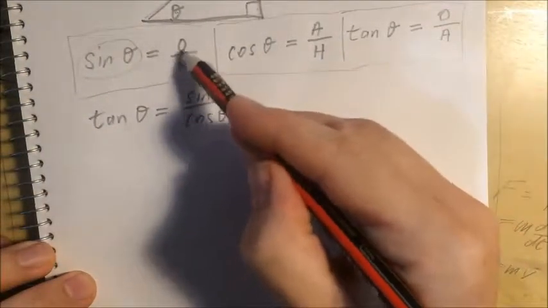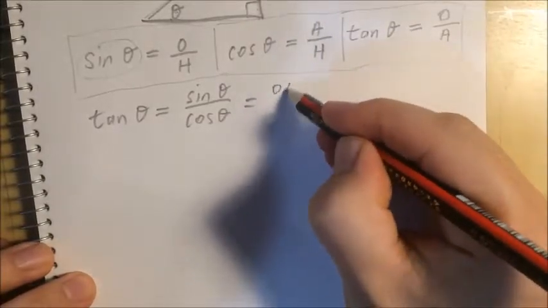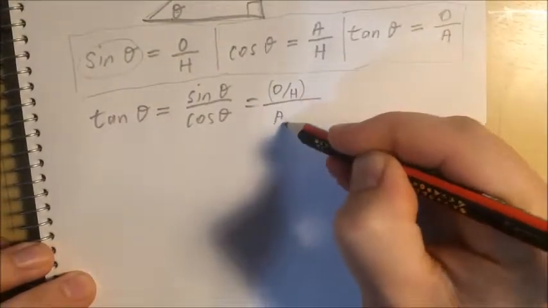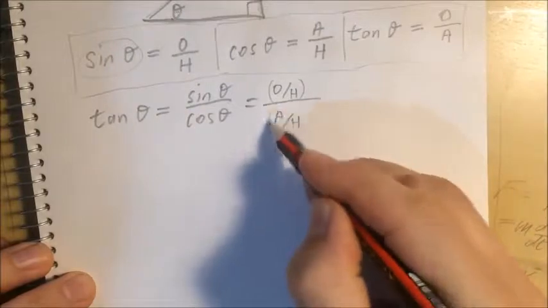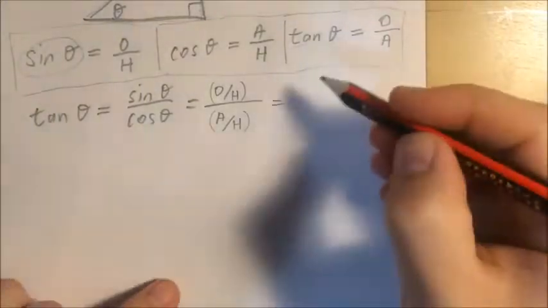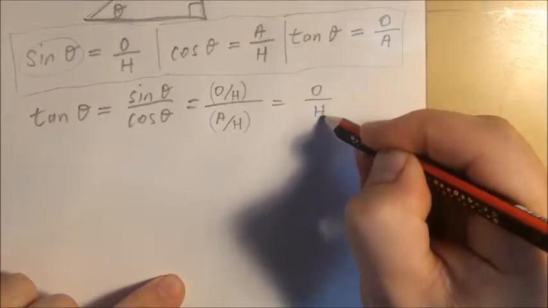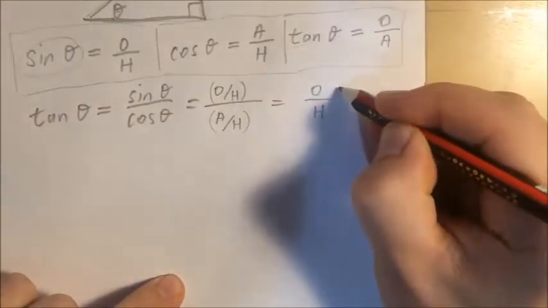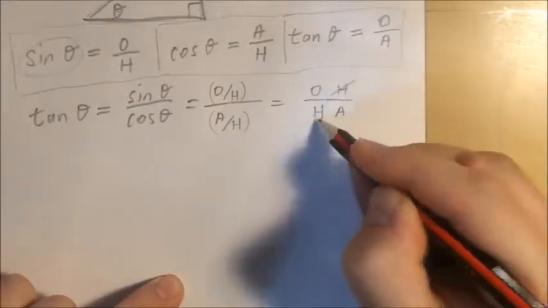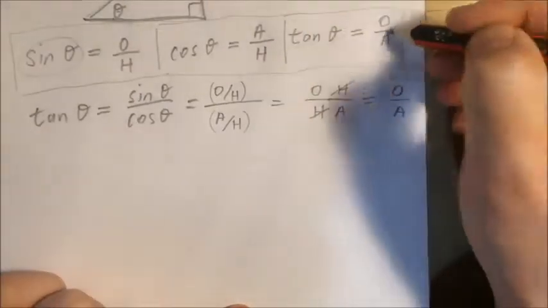If we substitute in these ratios, we have opposite over hypotenuse divided by adjacent over hypotenuse, which, if you do your fractions, becomes opposite over hypotenuse, times hypotenuse over adjacent. The two hypotenuses cancel out, so you end up with opposite over adjacent, which is the same anyway.